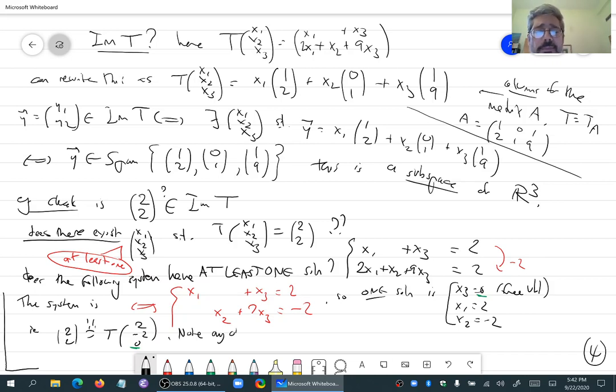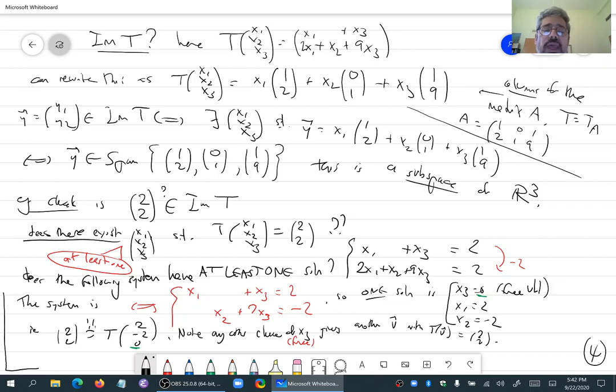Note any other choice of x3, which is the free variable, gives another vector with T of v equals 2, 2, right? So if you play around with it.